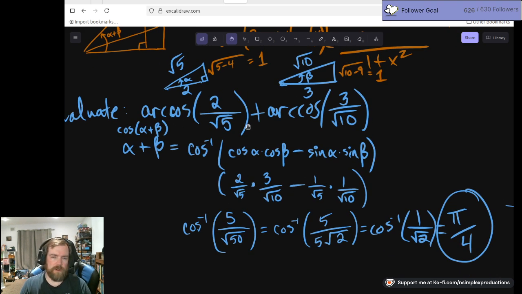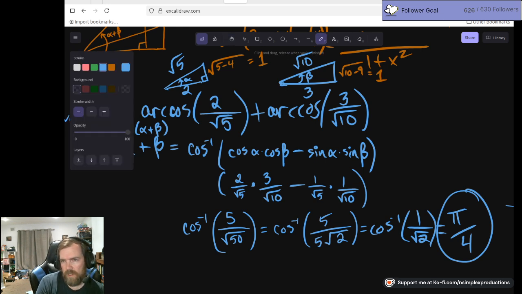When we take the arc cosine of each of these things, those are the individual sets that we get, but we don't know what the angle is. So that's going to be alpha plus beta. And the cosine of alpha plus beta is equal to, here we have the cosine alpha cosine beta minus sine alpha sine beta. And all I've done is I've moved the inverse cosine to the other side. So bring it over with the cosines and sines.